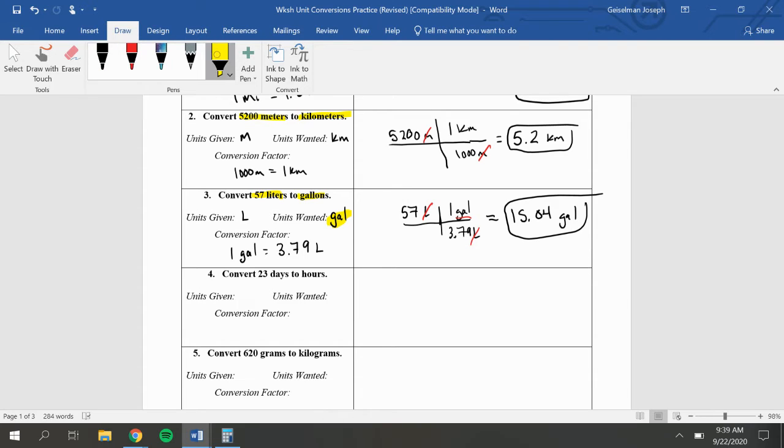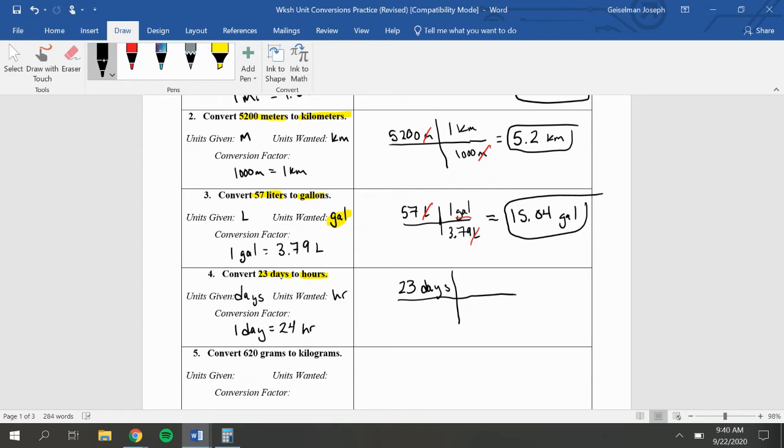Next one, convert 23 days into hours. We start with days. We're going to hours. The conversion factor, 1 day equals 24 hours. Hopefully you guys knew that already without having to look that up. So set this one up: 23 days. That's what we're starting with.